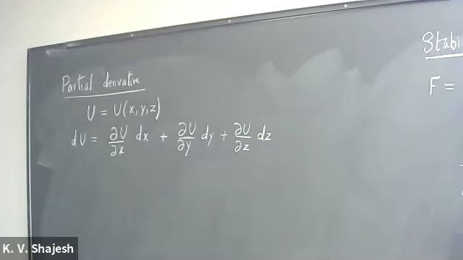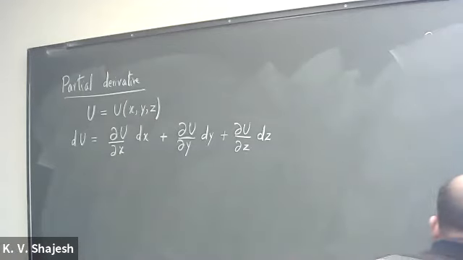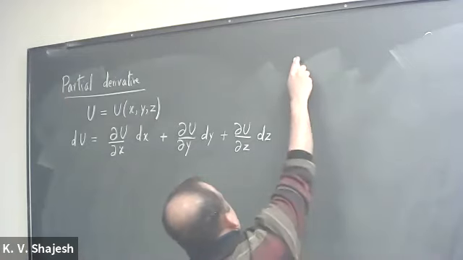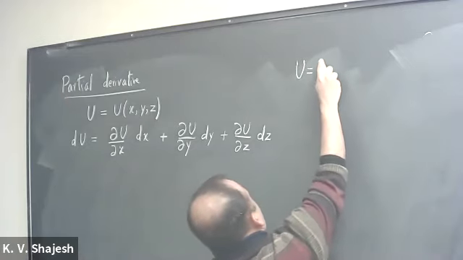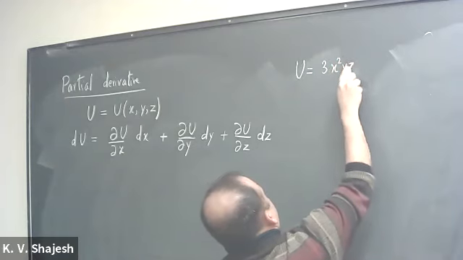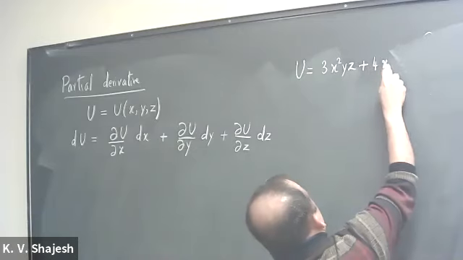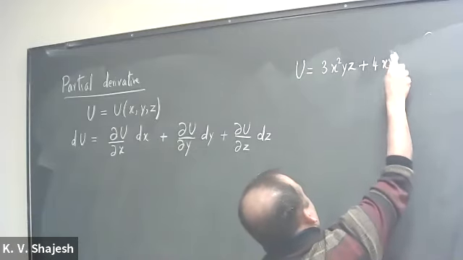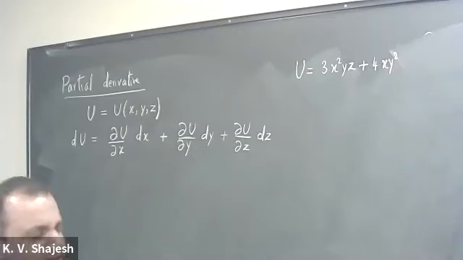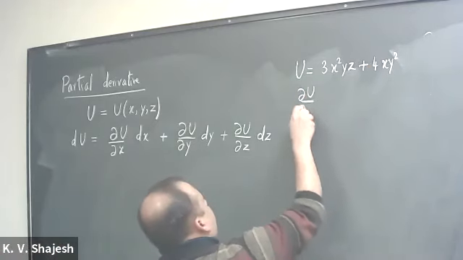What does this partial derivative mean? A simple example. Consider a very simple example. Let's say u is equal to some random function, 3x squared y z plus 4x y squared. That's it. What is the partial derivative of u with respect to x?